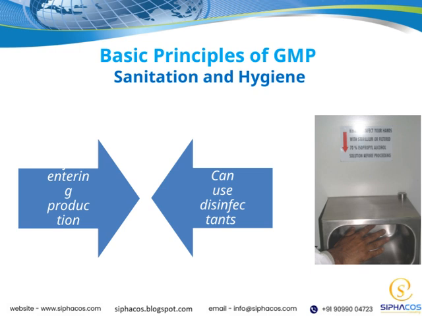Good sanitation practices include proper cleaning and sanitizing of equipment, tools, and work surfaces regularly. It's also important for everyone involved to follow personal hygiene protocols, like proper hand washing and wearing clean uniforms. By consistently applying these principles, we create a safer workspace and ensure that our products meet the highest standards.